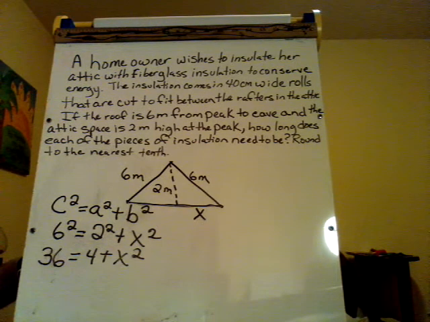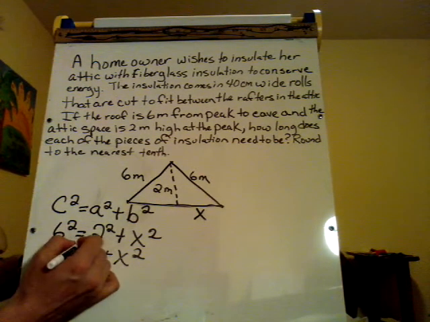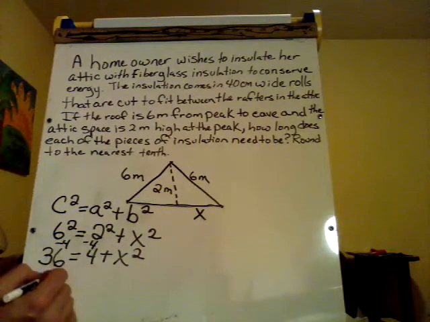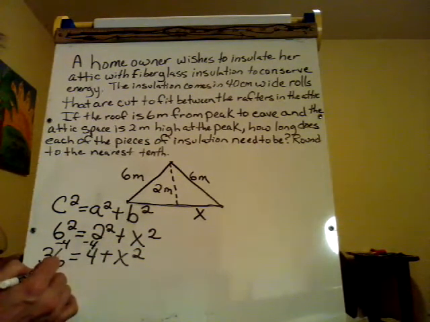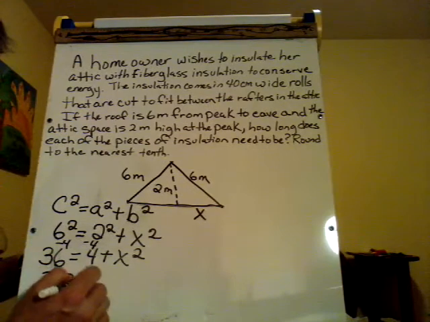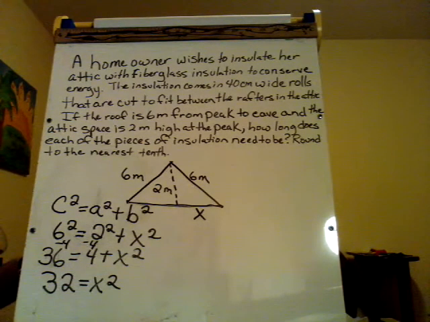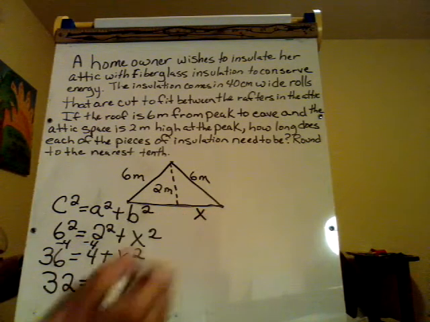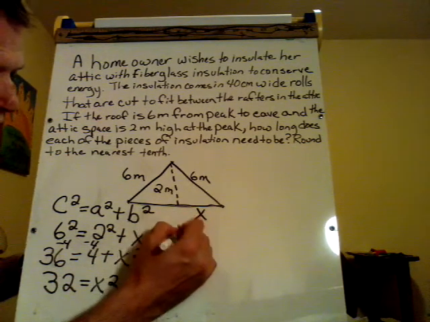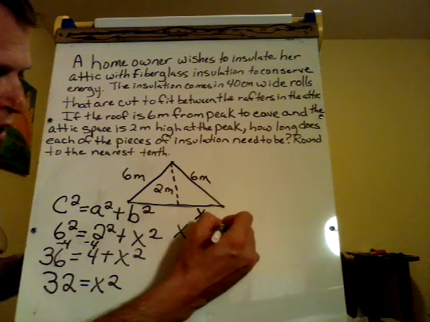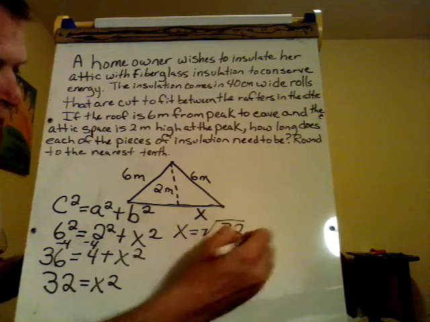Well, we need to isolate the X value. So we'll add -4 to both sides to isolate the X value, and we'll have 32 equals X squared. So we need to find X, and the way we'll do this is we'll put X here and we'll square root 32.